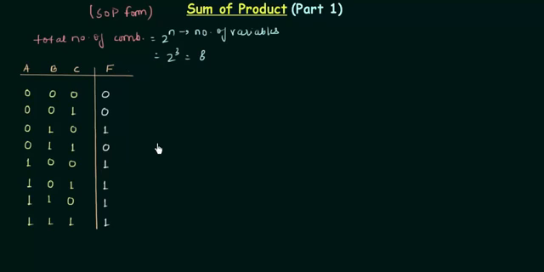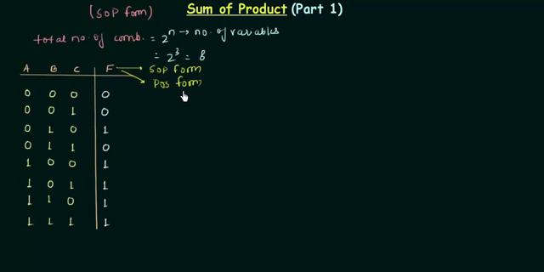So let me tell you one thing. In Boolean algebra, this function f can be expressed in two ways. The first way is to express it in SOP form, that is our sum of product form, and the second way is to express it in POS form.